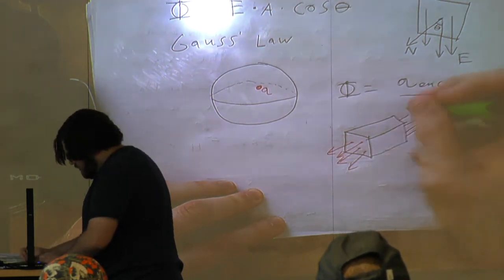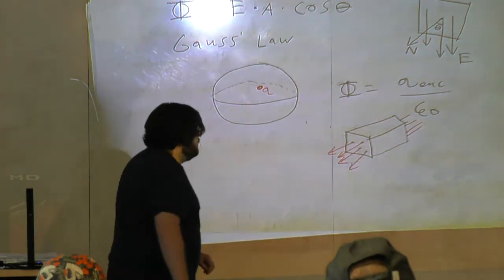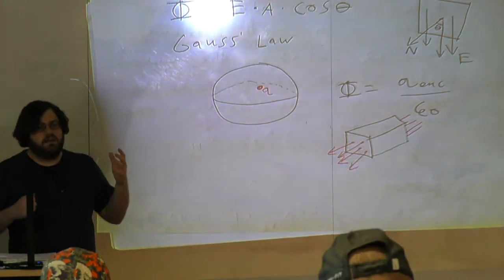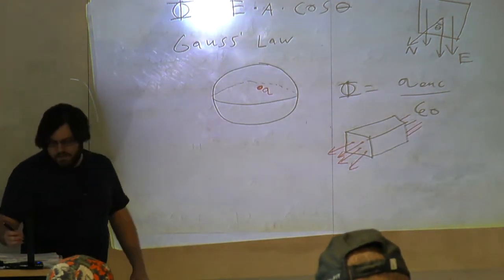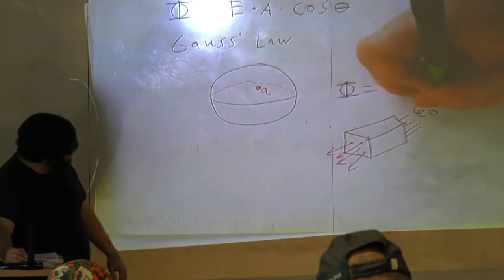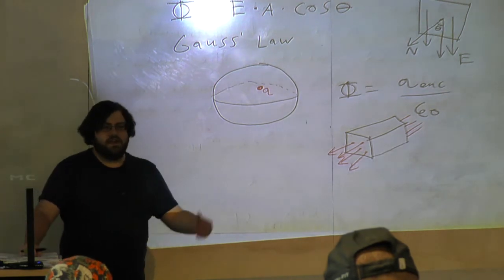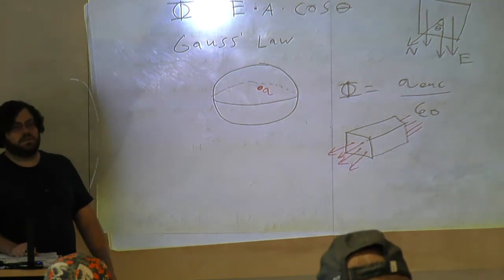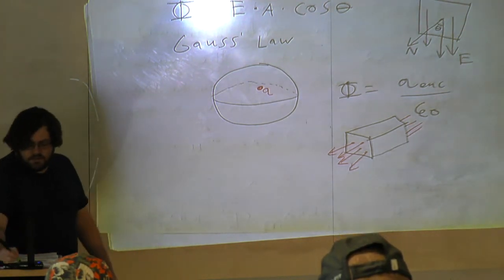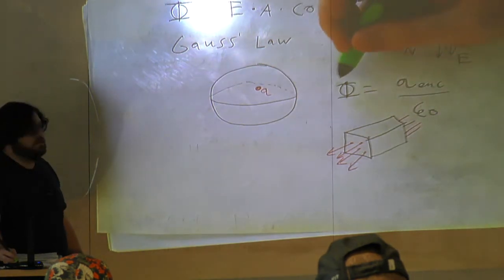If I tell you that the charge is somewhere over here, what that tells you is that the net flux through this surface is 0 because the charge is not inside. 0 over constant is 0.